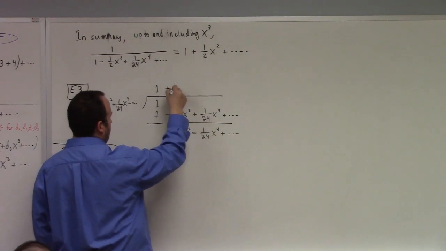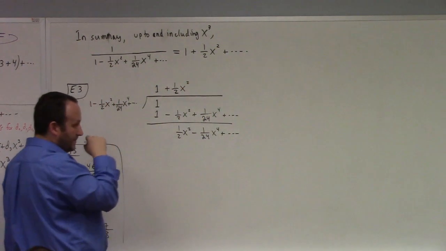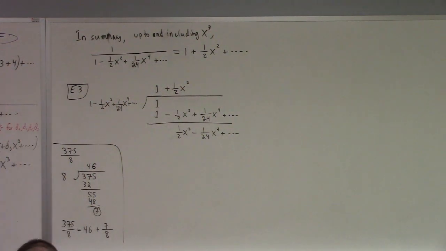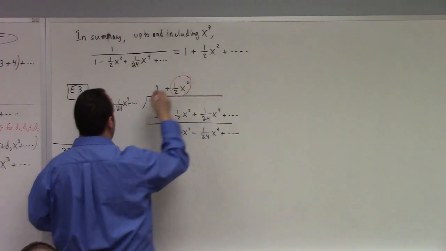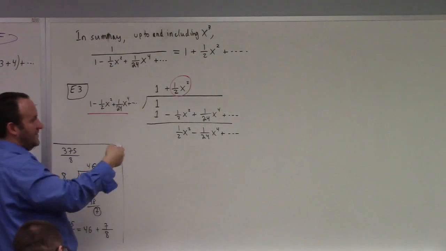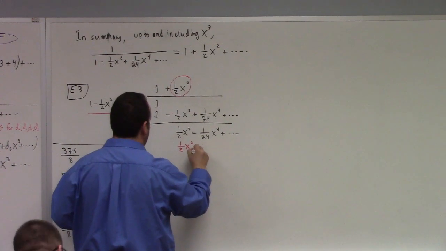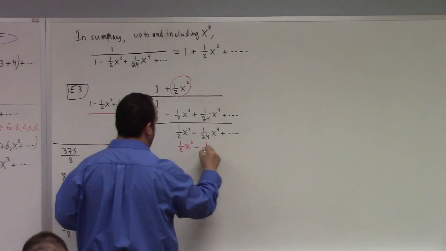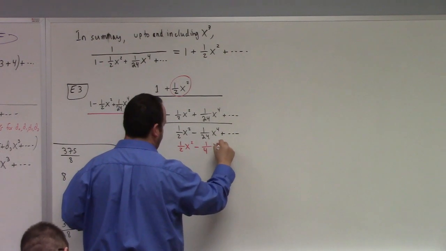And then I need a plus a half x squared up here. But then we have to think about 1/2 x squared, right? This 1/2 x squared times that gives me what? It gives me 1/2 x squared minus 1/4 x to the 4th, yeah?